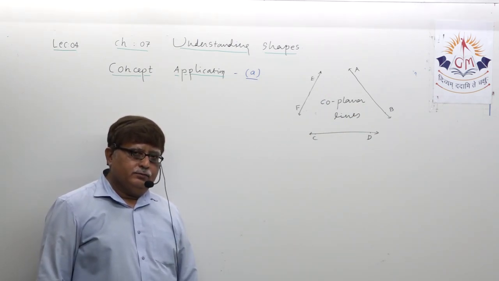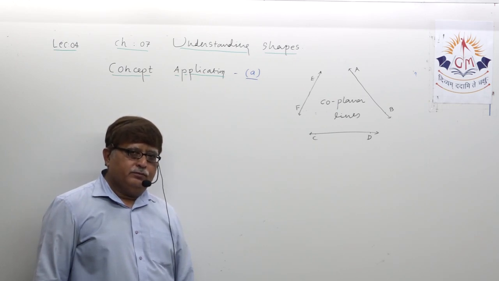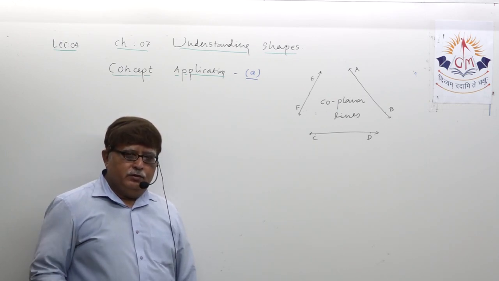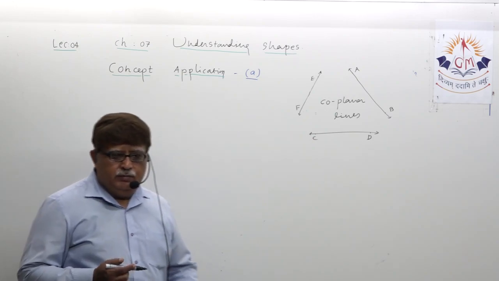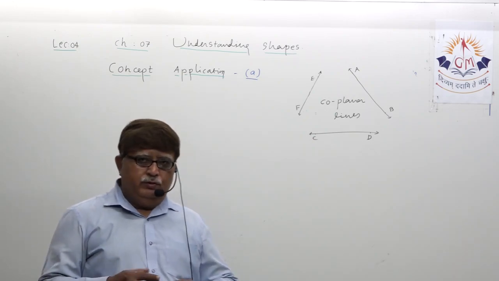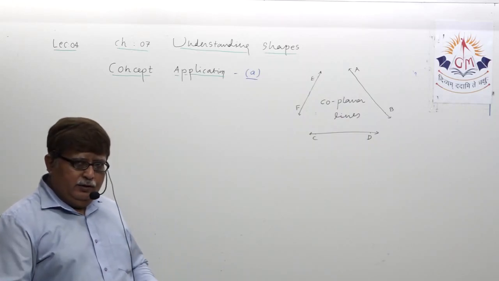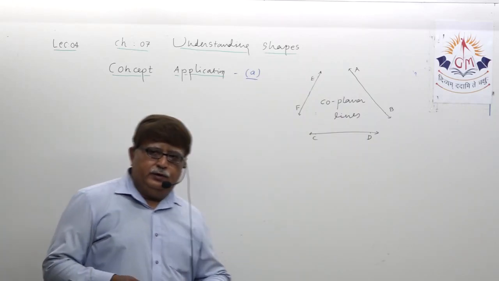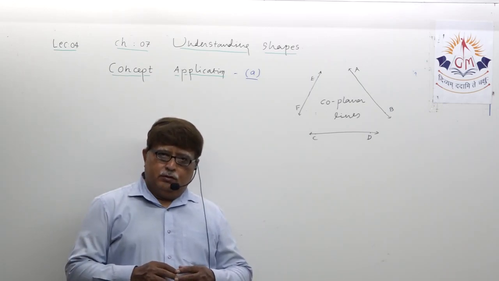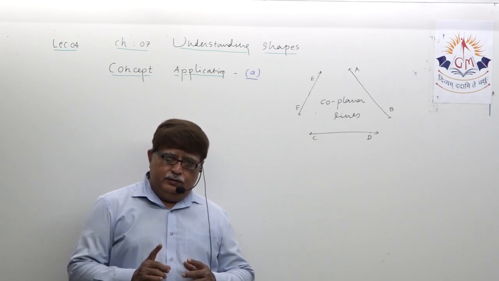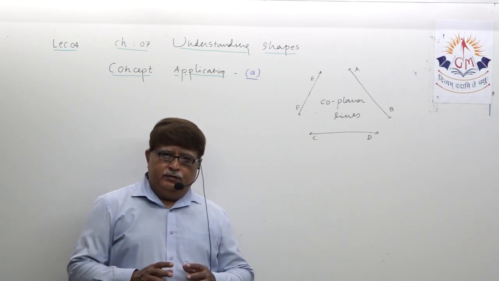When you get intersection of three coplanar lines, you will get some specific angles. Types of angles, my dear student, you must be knowing: acute angle, right angle, obtuse angle, complementary angles, supplementary angles.